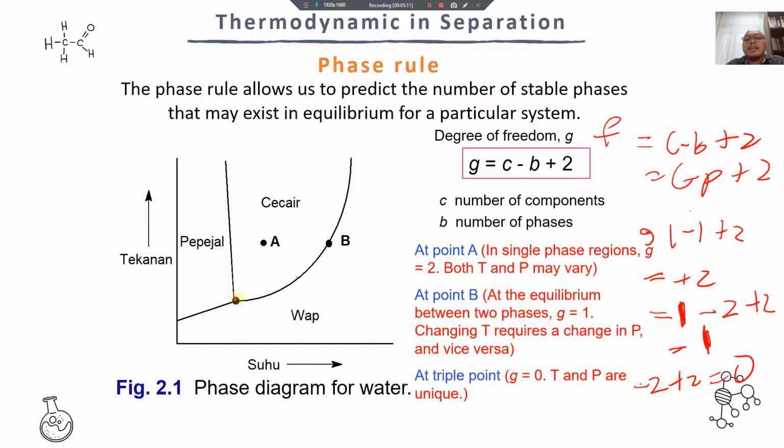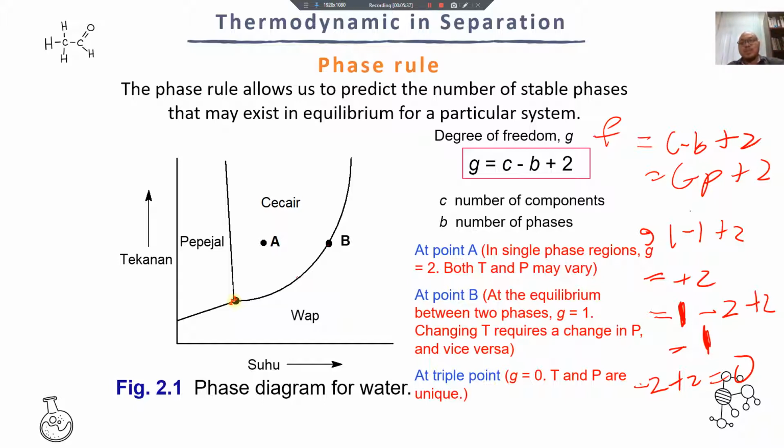It just means that you can have more variables to play around, to improve the extraction, but not necessarily that it is the best. Who knows, maybe at the triple point the extraction is the best, you get the optimum extraction over there, okay. So the phase rule only describes to us the most stable phases that you can play around, okay.